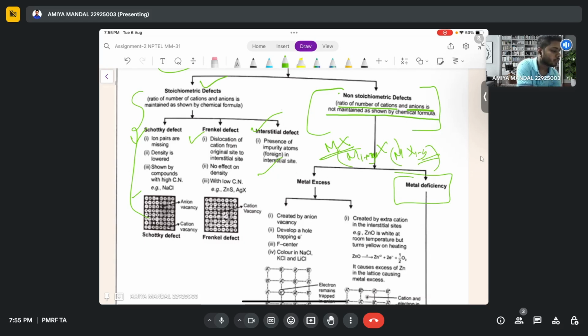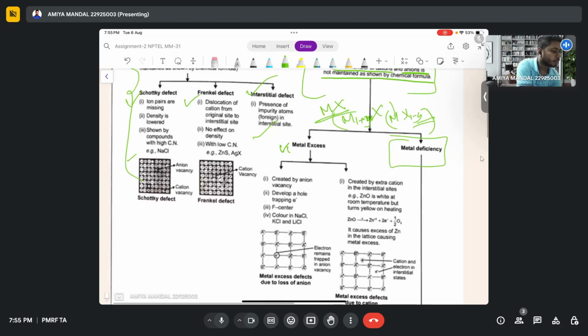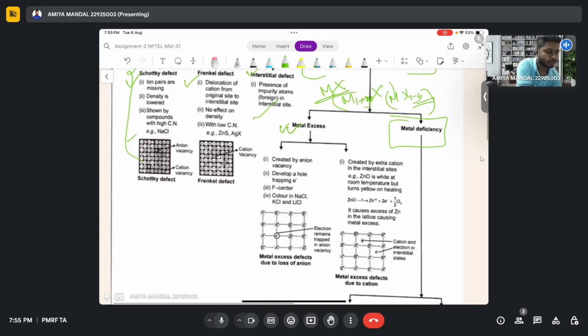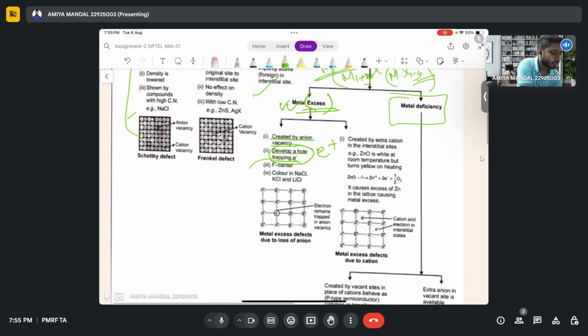First of all, we are trying to find the metal excess. Metal excess cation is created by anion vacancy, developing a hole trapping electron. So a hole will be developed here. And if we see this, electrons remain trapped in the anion vacancy.